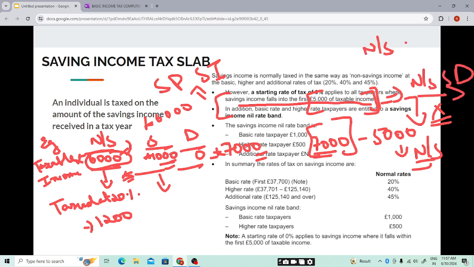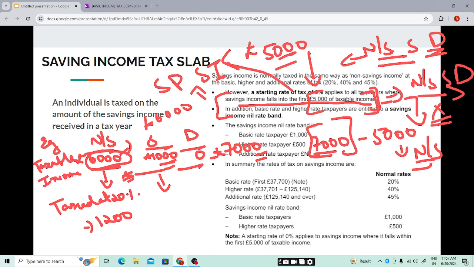NSI is the first, second is the saving, and third is the dividend income. So if my non-saving taxable income is 5,000 or more, this special rule will not apply to saving income.